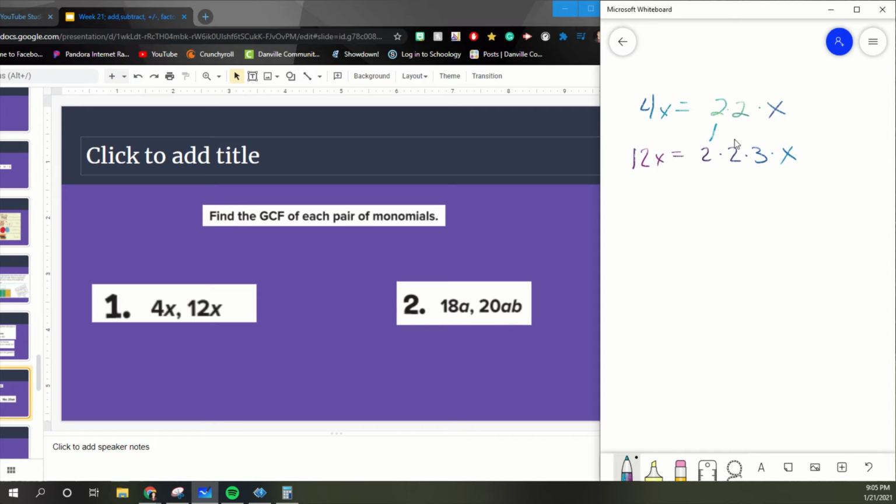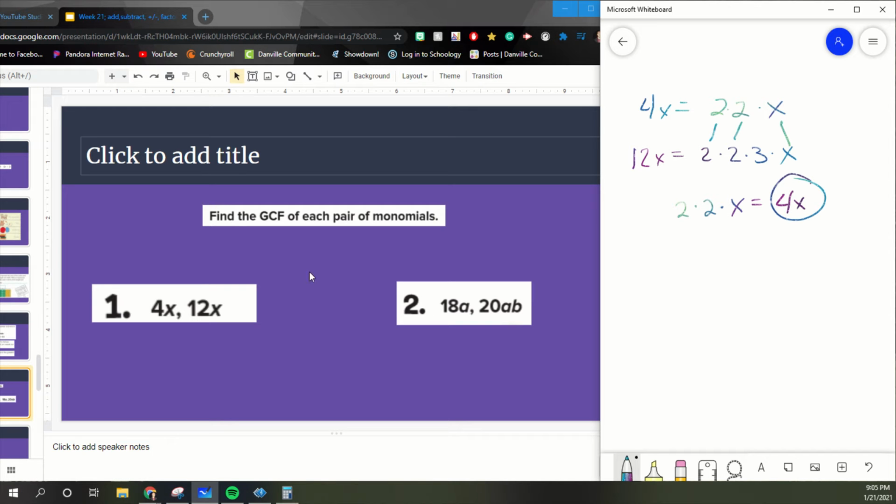And then you just connect all the things that are alike. So I have a 2 that's alike, another 2 that's alike, and an x that's alike. I multiply all of those, and I get the greatest common factor of 4x.